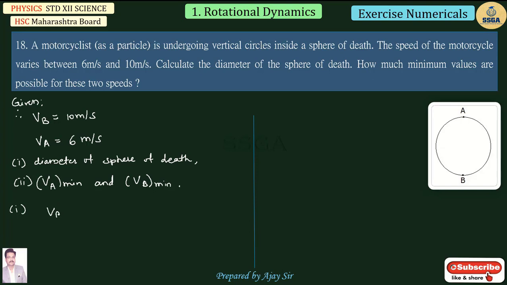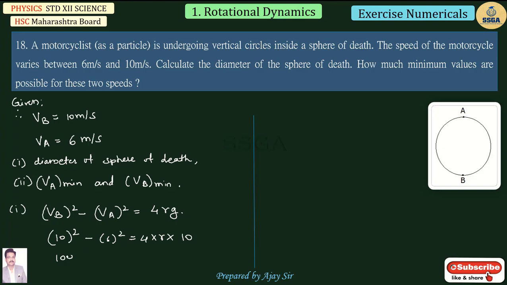The formula is velocity at point B squared minus velocity at point A squared equals 4rg. Let us put in the given values: 10 squared minus 6 squared equals 4 into r into g, that is 10.